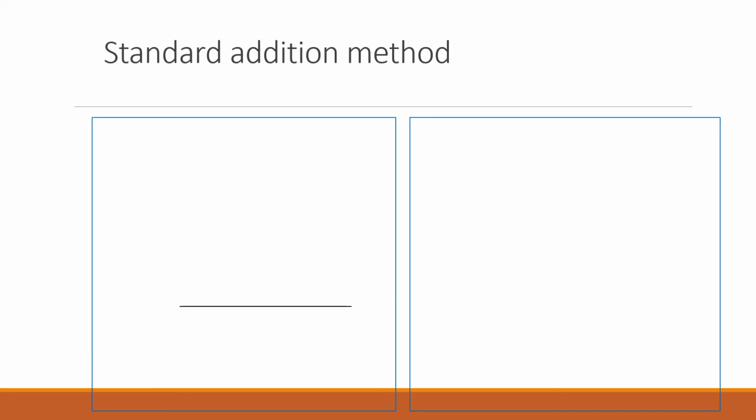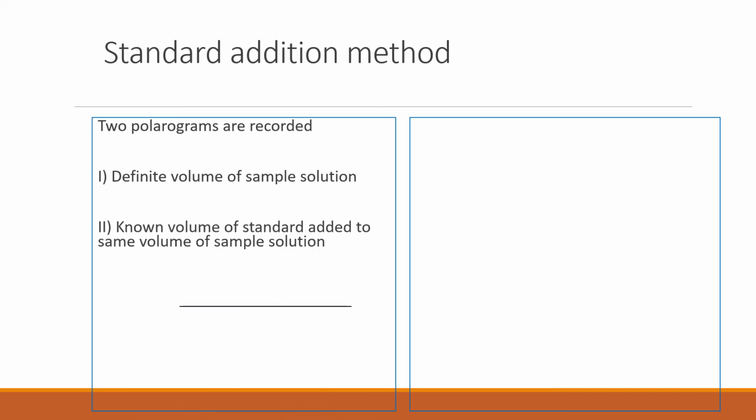The second method used for quantitative analysis is the standard addition method, in which we record two polarograms. The first polarogram is for a definite or known volume of the sample solution whose concentration is to be determined, and the second solution consists of a known volume of a standard which is added to the same volume of the sample.